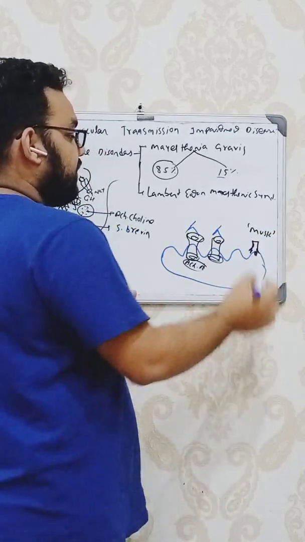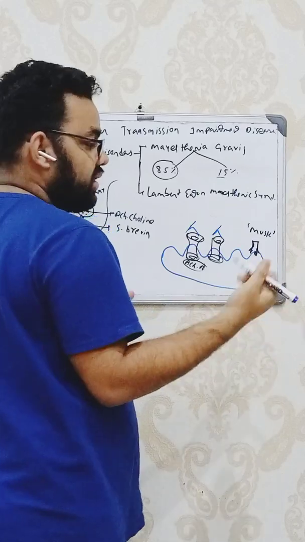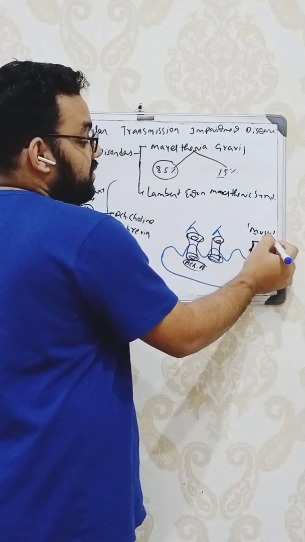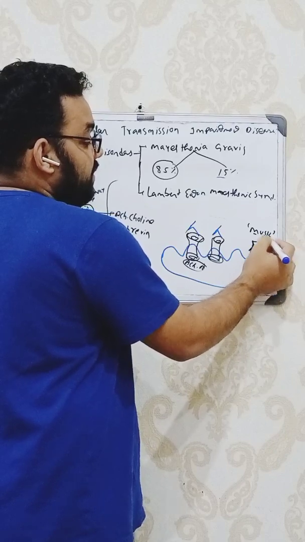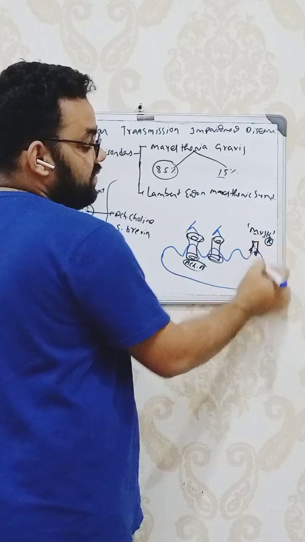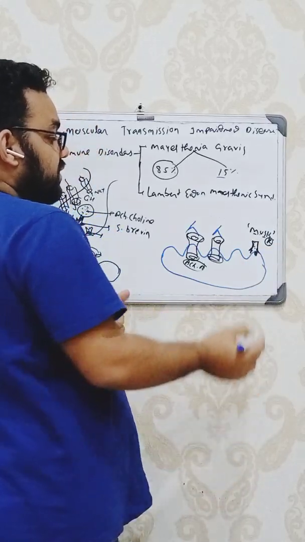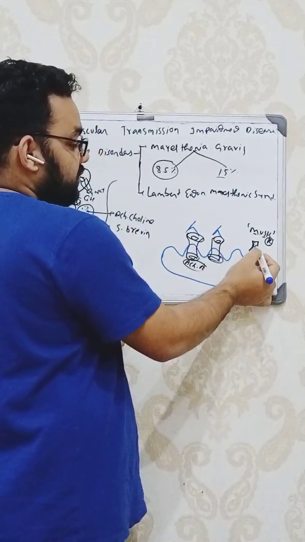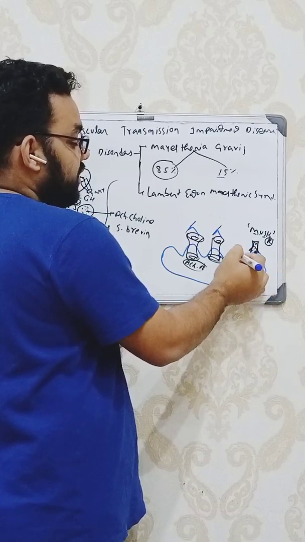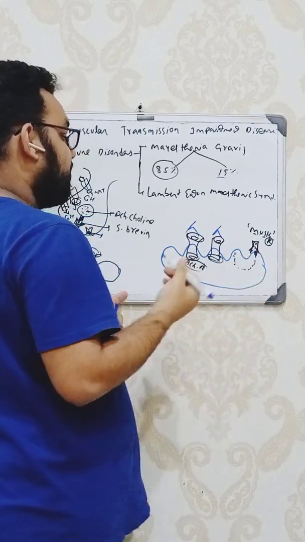The full form of it is muscle specific tyrosine kinase receptor. This is the muscle specific tyrosine kinase receptor that is present here. Now the function of this is that it will regulate the number of acetylcholine receptors here.